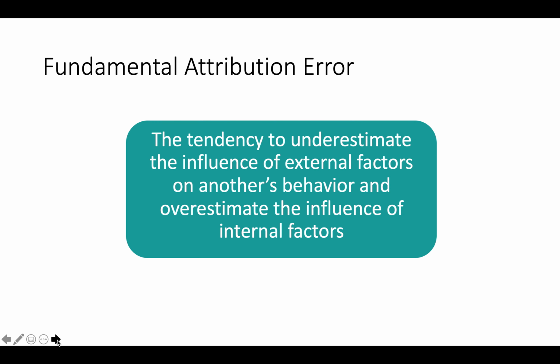Now, the fundamental attribution error is the tendency to underestimate the influence of external factors on another's behavior and overestimate the influence of internal factors. So when you are overgeneralizing a person's output or behavior, you're making a fundamental attribution error.